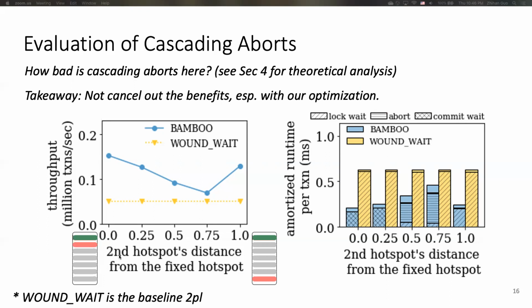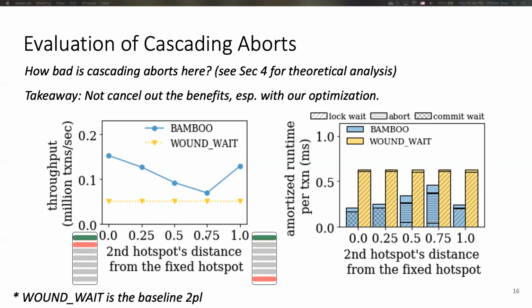For example, when the distance between the two hotspots is 0, it corresponds to a workload like this, where all transactions access the two hotspots at the beginning of the execution. And in this case, we would expect fewer chances of having deadlocks and aborts in Bamboo.